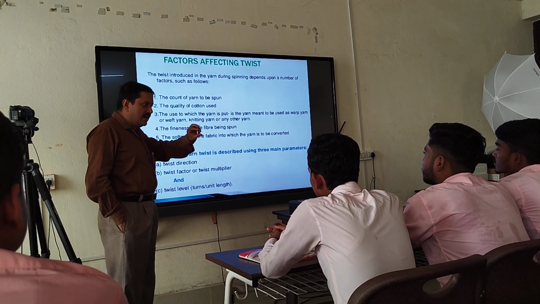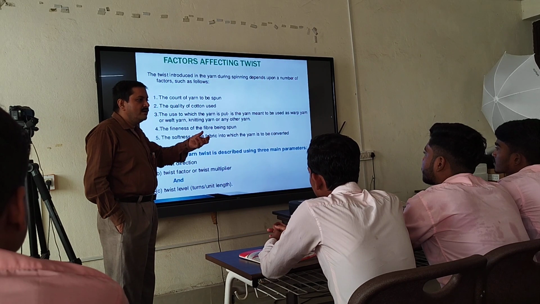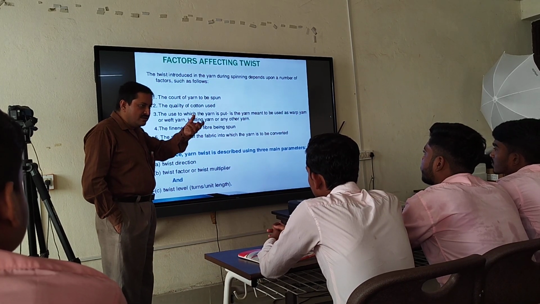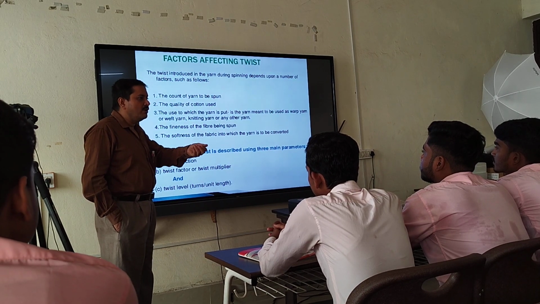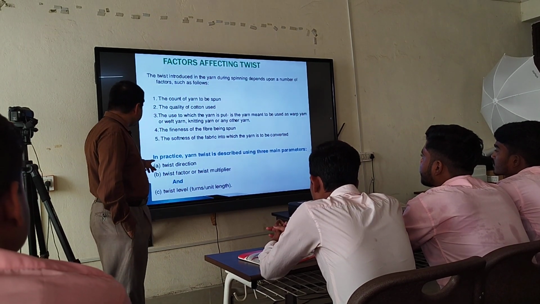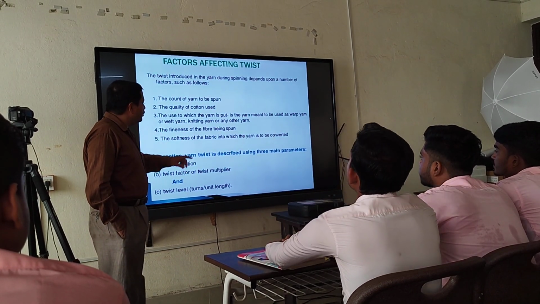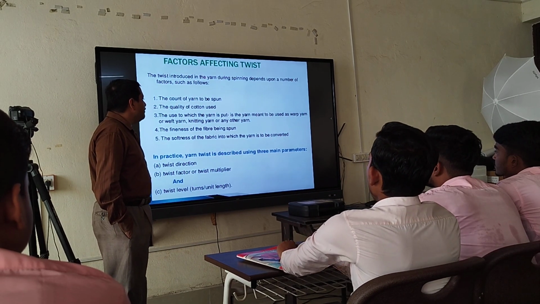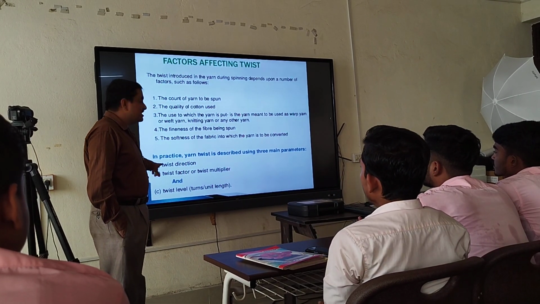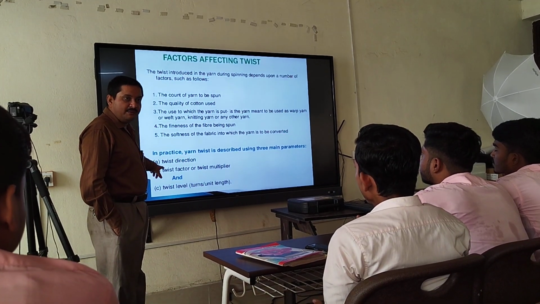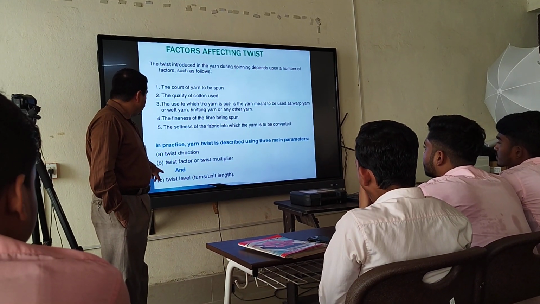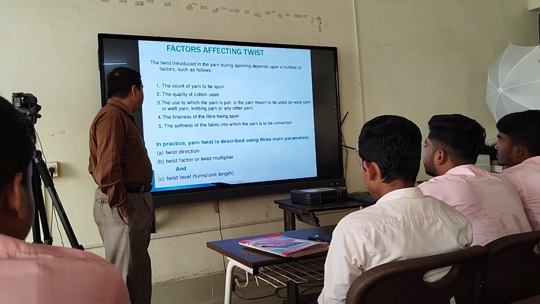Am I right? The higher the twist level, the harder the yarn will be. The lower the twist, the softer the yarn. In practice, yarn twist is described using three main parameters: twist direction, twist factor or twist multiplier, and twist level, turns per unit length.